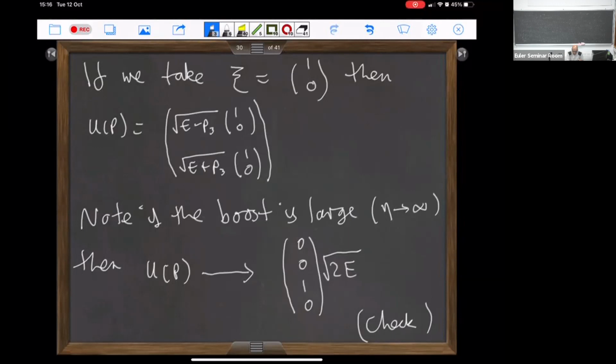But in the large boost limit, the mass is much smaller than the energy or the momentum. So it's the relativistic limit, and effectively the particle becomes massless.